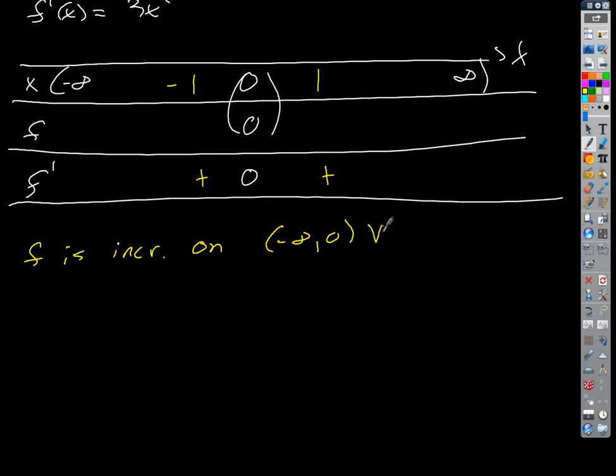This is just logical or. Does that make sense? Does it matter if we put f or graph of x? It doesn't matter, either one. So the function is increasing everywhere except 0.